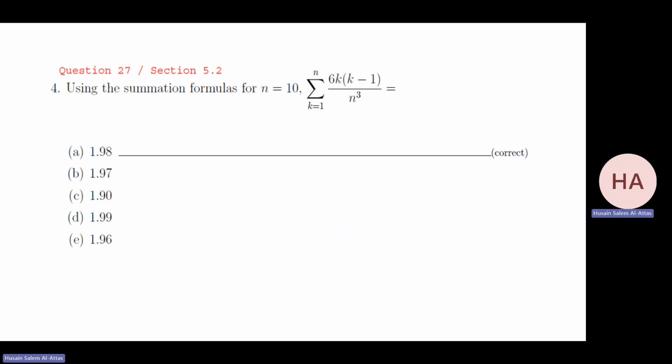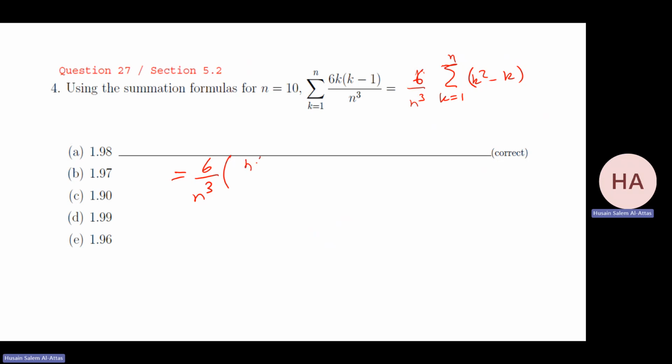Use the summation formula for n equal 10. Find this. Simplify it first. I can take 1 over n cubed outside. Actually, I can take 6 over n cubed outside. What is the summation? It's k squared minus k. Now use the formulas. So I have 6 over n cubed times what?